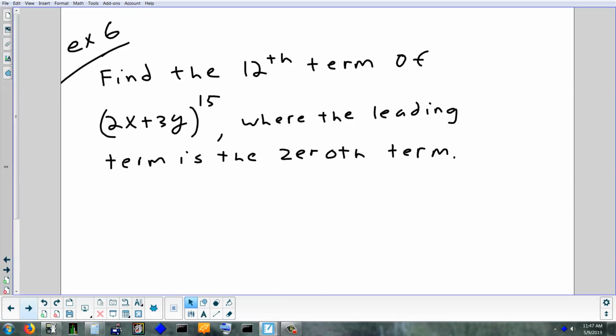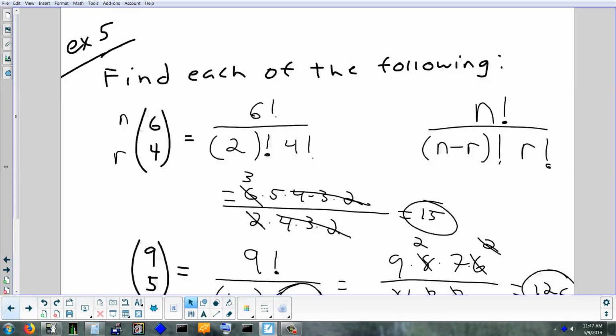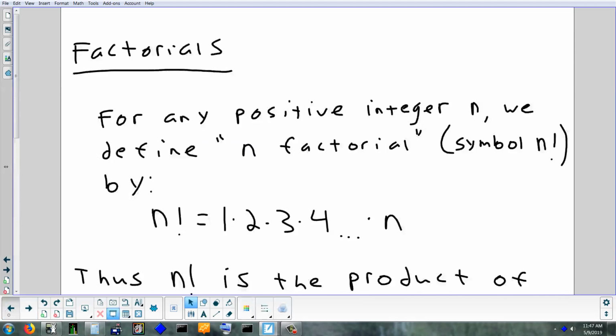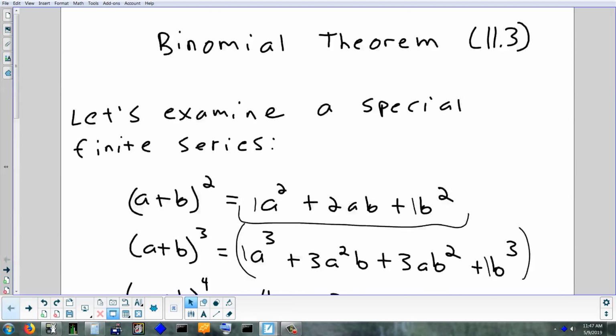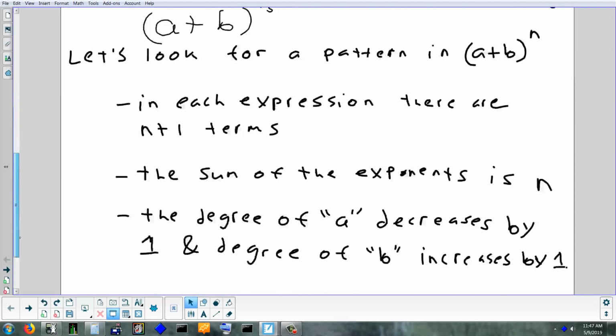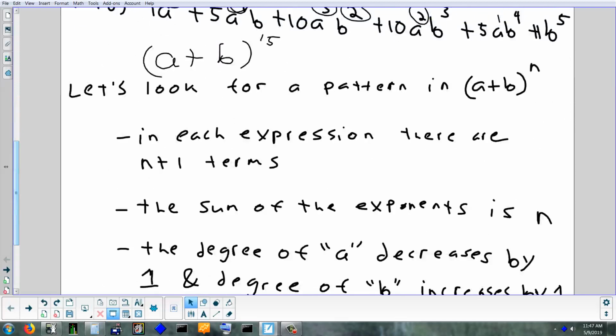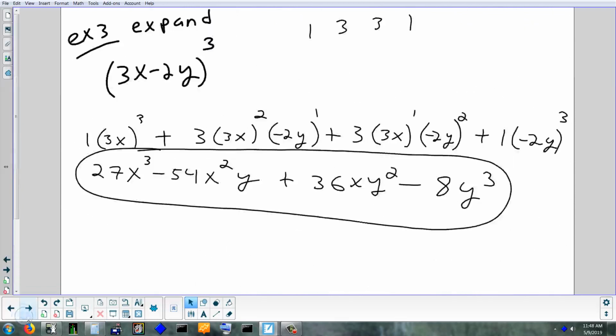So I'm going to go back to our patterns for a second, just to remember something we said very early on. When you expand something to the nth power, you end up with n plus 1 terms. Okay, keep that in mind.